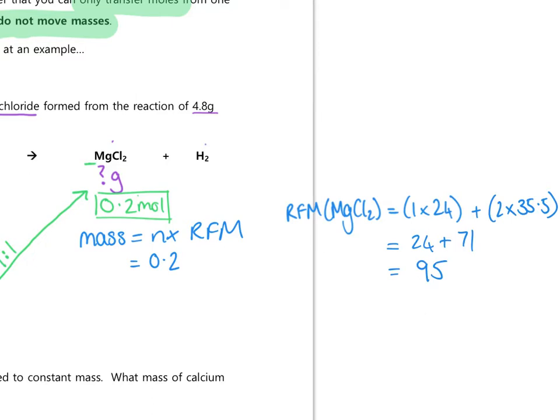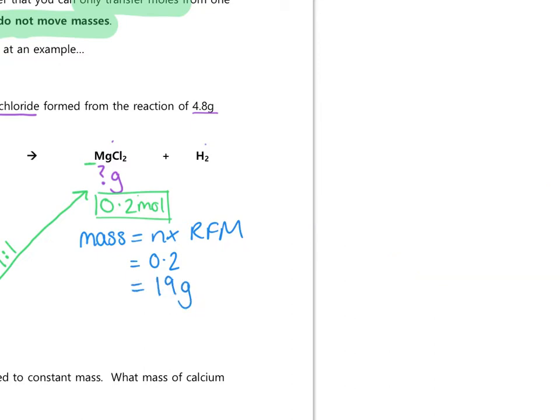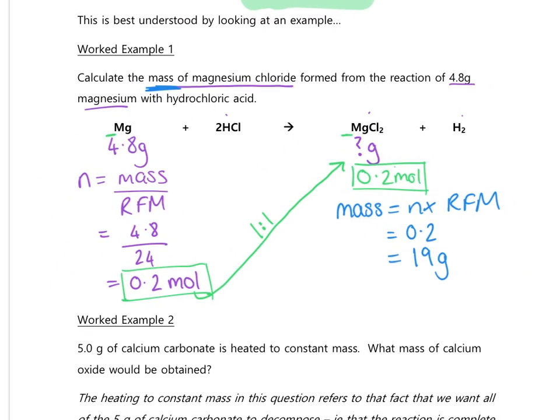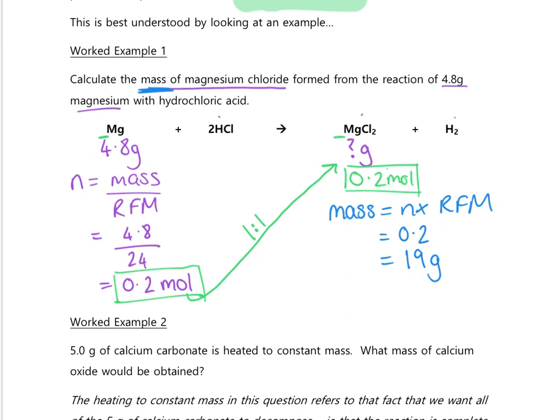So putting it back into my equation, I'm doing mass is 0.2 times 95. Putting that into your calculator now, you should get 19. And when I use my equation, my mass is always in the units of grams. So what I have just been able to do is, from the fact that I have 4.8 grams of magnesium, I've been able to work out how much magnesium chloride I would produce.